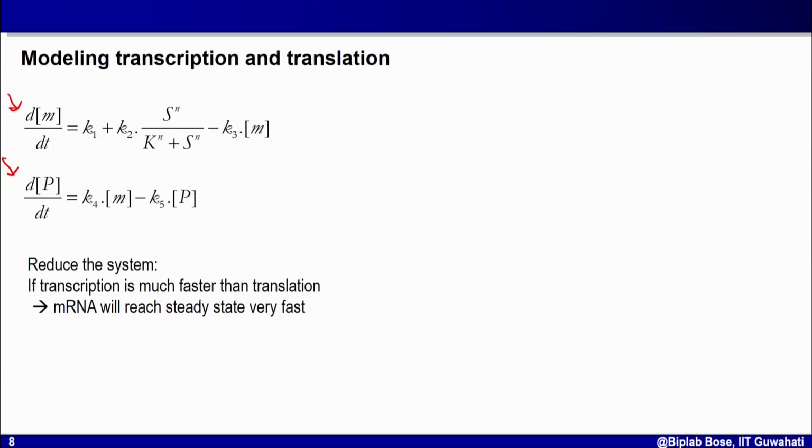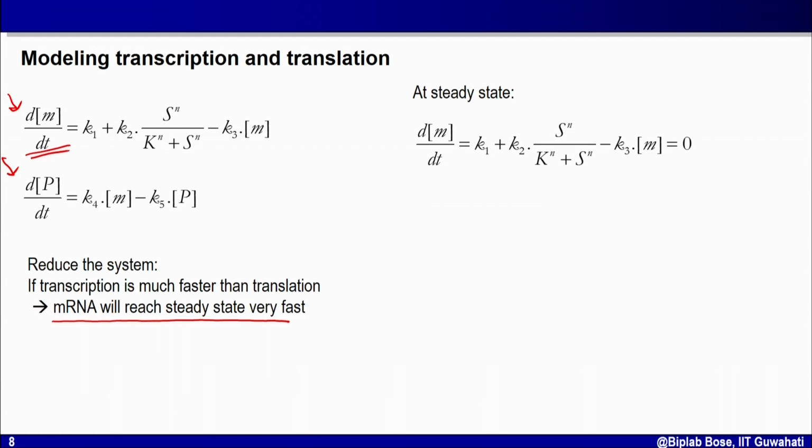So what I can do is assume that if transcription is much faster than translation, mRNA will reach steady state very fast. That means I can consider dM/dt equal to 0. So let us do that. I can consider steady state for the mRNA, so I can put dM/dt equal to 0.